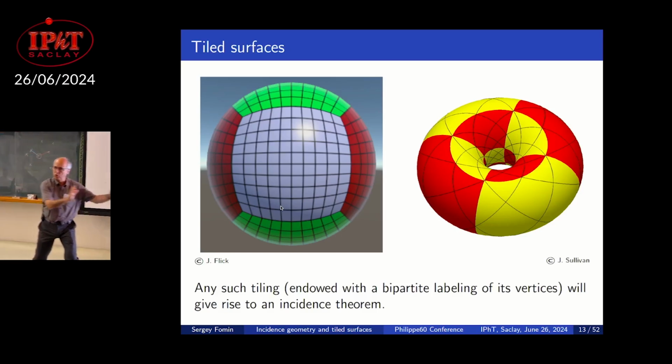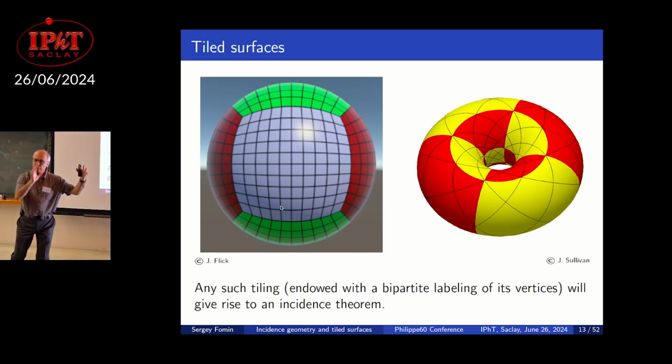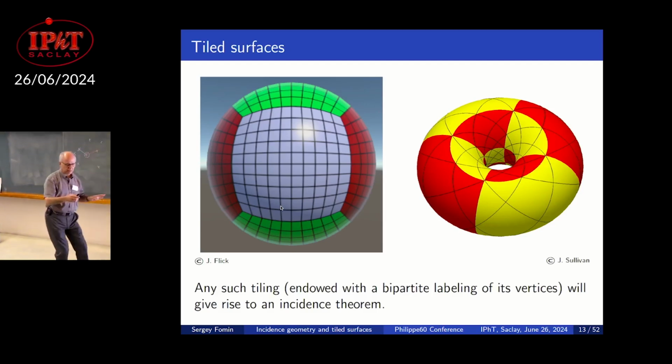So these are two separate domains. One domain is where we take that surface, quadrangulate it with any quadrangulation with bipartite coloring, and then based on that, we do the drawing.